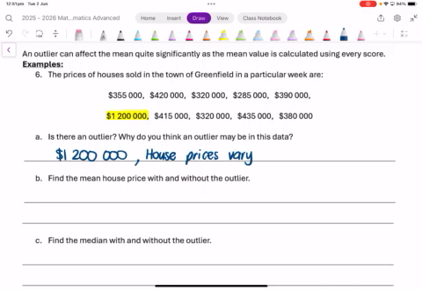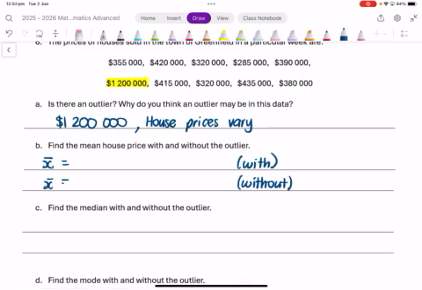Okay, we want to find the mean house price with and without the outlier. So in your calculators, can you find the mean with the outlier and the mean without the outlier for me, please? Actually, find the mean with the outlier and the median.